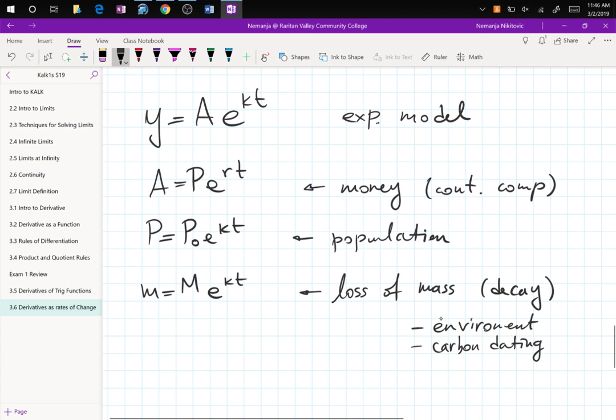You can't go and carbon date the pyramid because that's a stone, right? It has no organic component to it. Anything that came from a plant or a tree, or an animal, you can carbon date because it will have carbon C14 in it, and you can see how much is there, and then you can accurately predict how old something is.